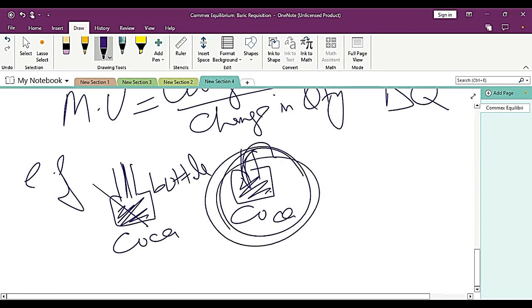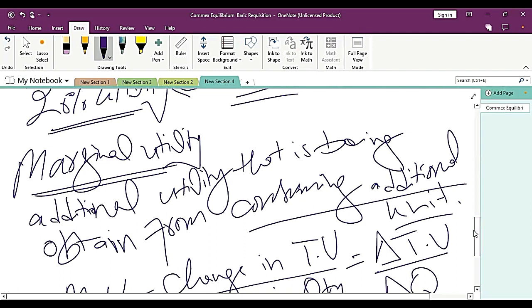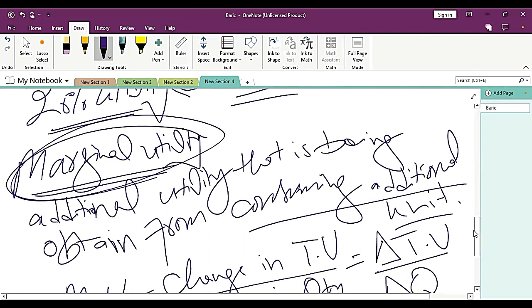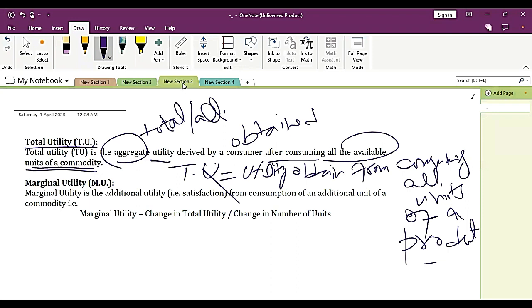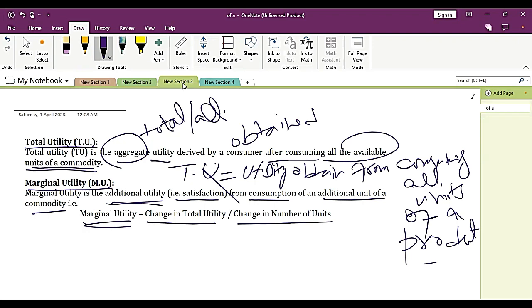The additional utility obtained from taking another unit of the product is called marginal utility. Basically it is the change in utility or satisfaction you get from another unit. Marginal utility is the additional utility or satisfaction from consumption of an additional unit of a product or commodity. So marginal utility is equal to change in total utility divided by change in number of units.